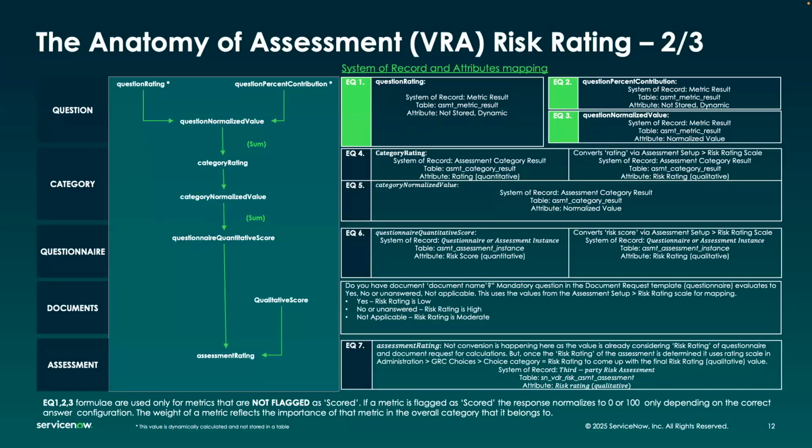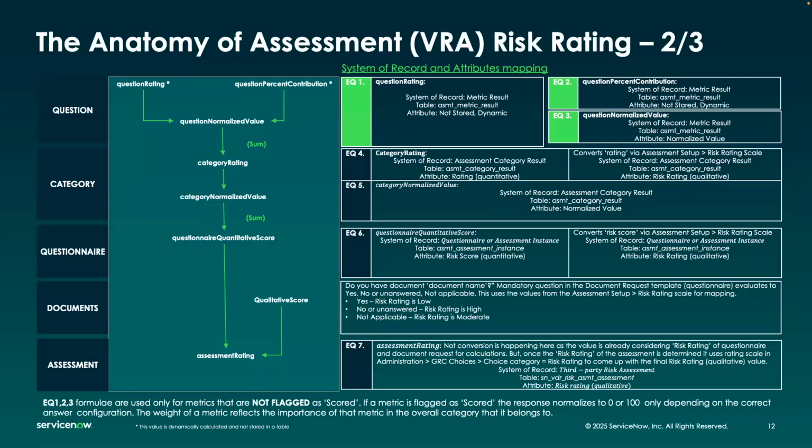Then at the questionnaire level, the questionnaire quantitative score or the overall risk score for that questionnaire is stored in questionnaire or assessment instance, ASMT_assessment_instance table in the risk score field. Just like at the category level, this quantitative risk score is converted to a qualitative risk rating using the risk rating scale in assessment setup.